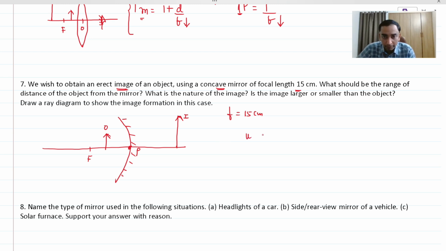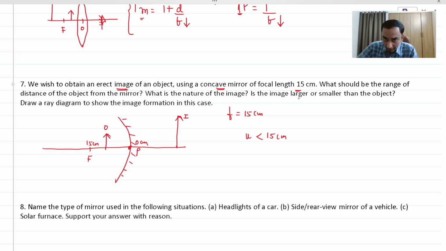So U should be less than 15 centimeters. So you can keep the object anywhere from 0 centimeter, if I say 0 is at P, so 0 to 15 anywhere you can put, not exactly at 15 centimeter. Also in that case the image will be at infinity.